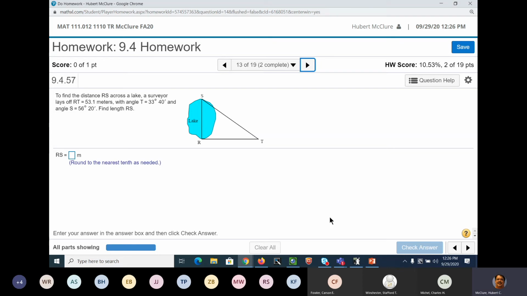To find the distance across the lake, a surveyor lays off RT. RT is 53.1 meters, and angle T is 33°40'.